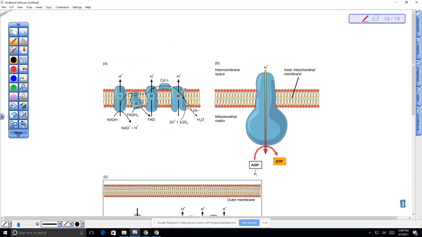Okay. So this is the ATP synthase molecule. This is the molecule that we watched the video on. Remember that this is a motor molecule, which is kind of cool. So the movement of the hydrogen ions through it actually turns it, and then that turning is turned into energy where ADP is converted to ATP. Okay.